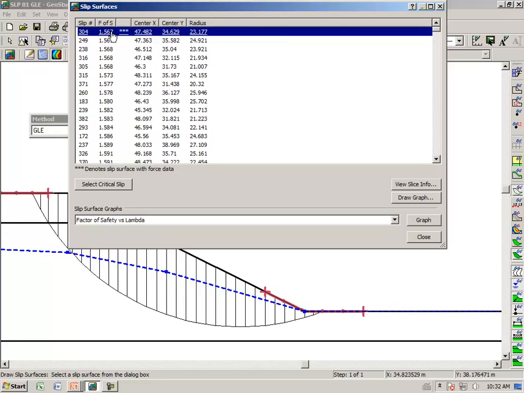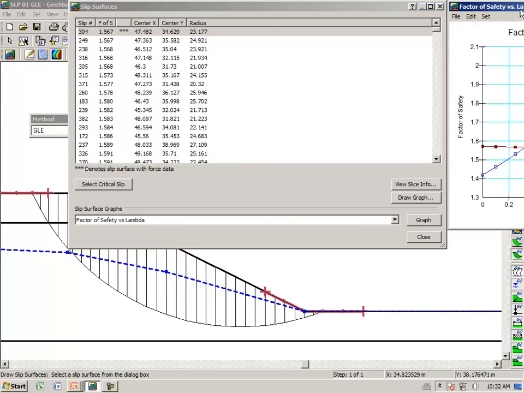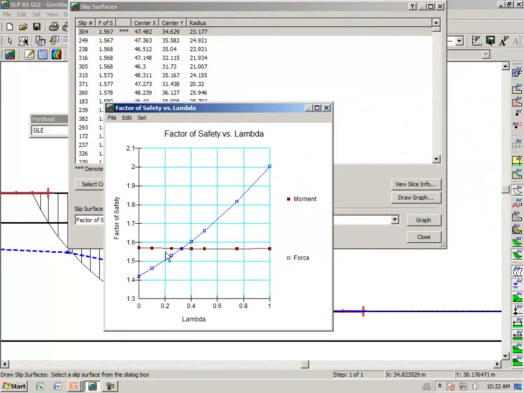The one with the lowest factor of safety is listed at the top. We'll come back to that at a later time. But there is the possibility of producing a graph here of factor of safety versus lambda. Clicking on the graph button, we obtain the graph of factor of safety versus lambda.